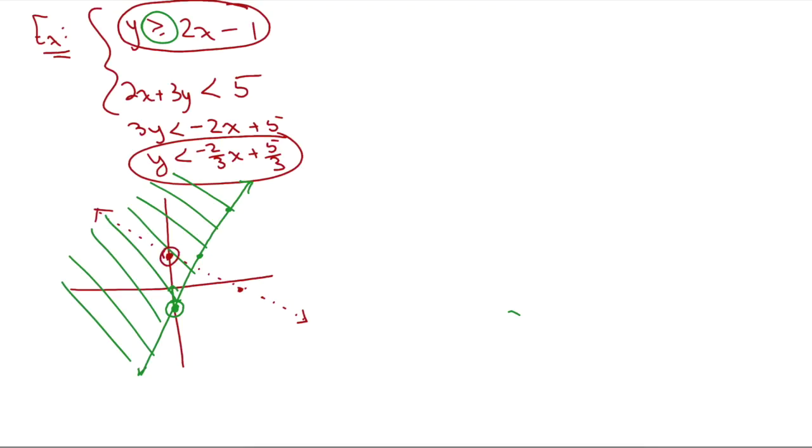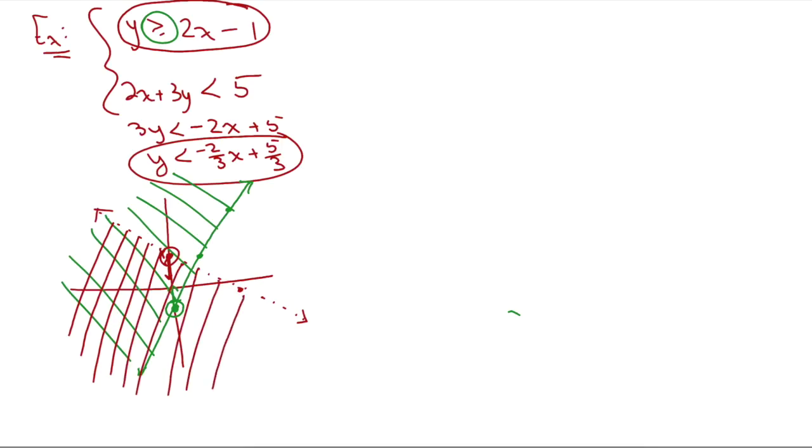What side would you shade on that one? The bottom. Down. So, from that dotted line, you would shade in this direction. And this is where it gets messy. Your solution is the intersection of these two colors, which is really hard to see if you're just doing it in pencil.